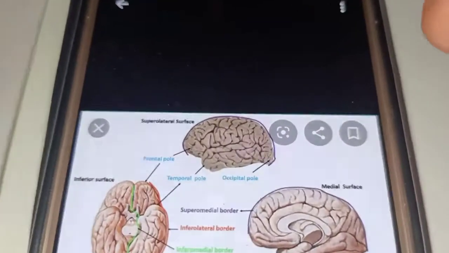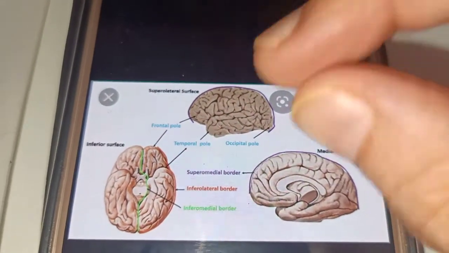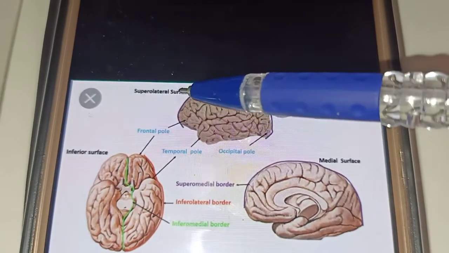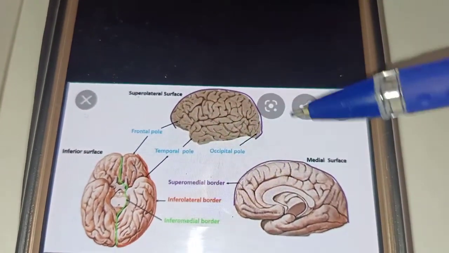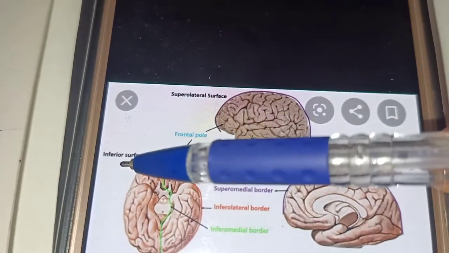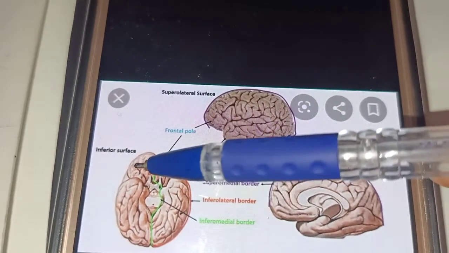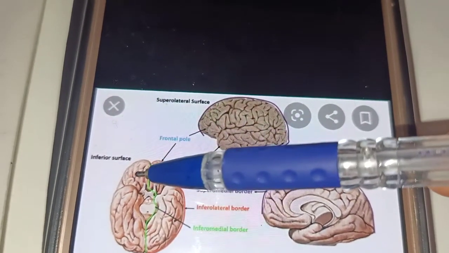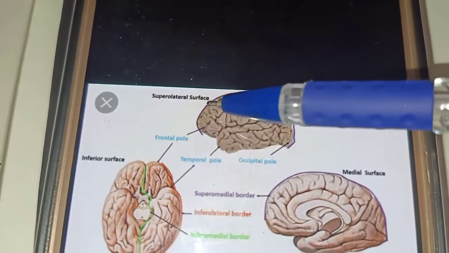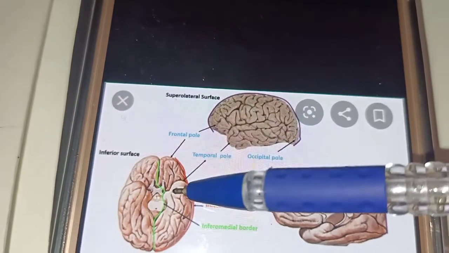If you see this diagram, these are the three surfaces which are present on the cerebrum. The first surface is the superolateral surface. The next surface is the medial surface, and the other is the inferior surface. So the cerebrum has three surfaces: superolateral surface, medial surface, and the inferior surface.